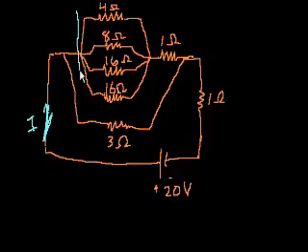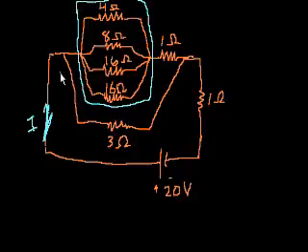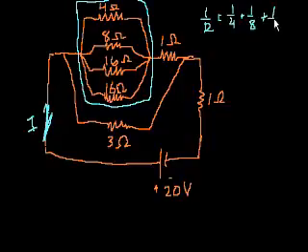Let's see if we can figure out the equivalent resistance of these 4 resistors in parallel. Well, we know that 1 over R is equal to 1 over 4 plus 1 over 8 plus 1 over 16 plus 1 over 16.